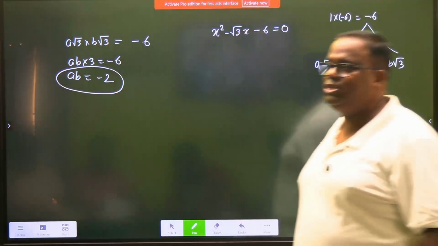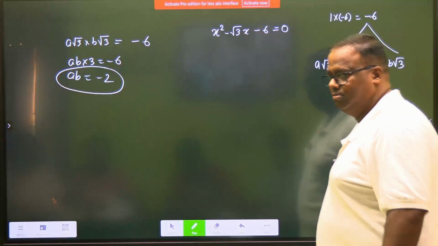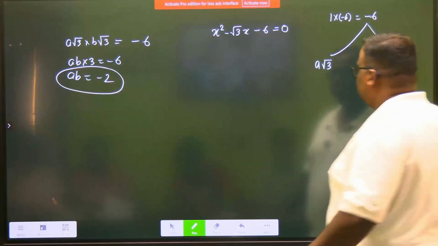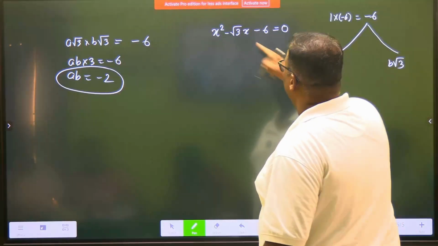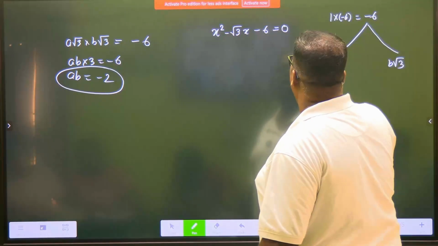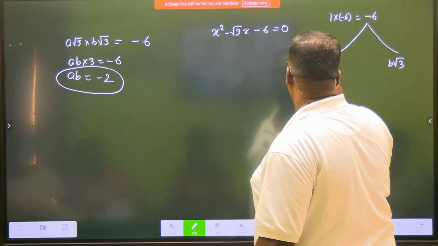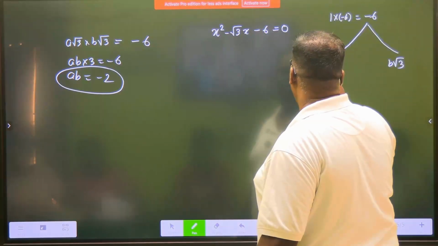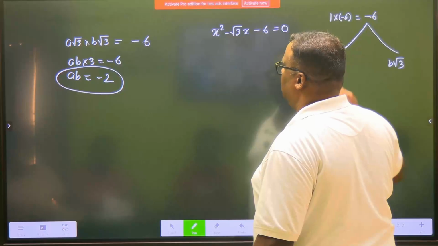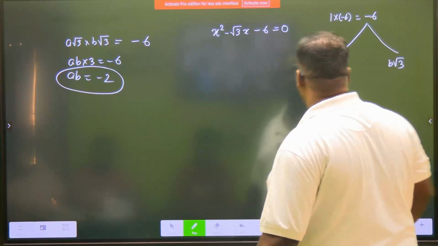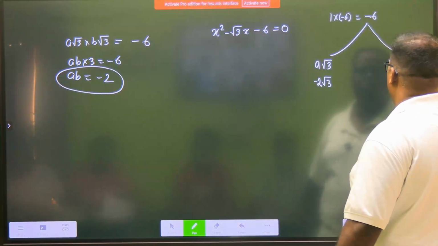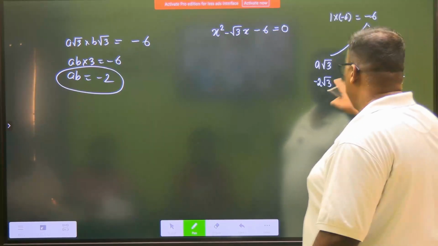AB multiplied should give you negative 2. We need a negative out here and we have a negative. So let's put negative 2 root 3. AB should give me negative 2, right? And I put 1 root 3. A into B is how much?